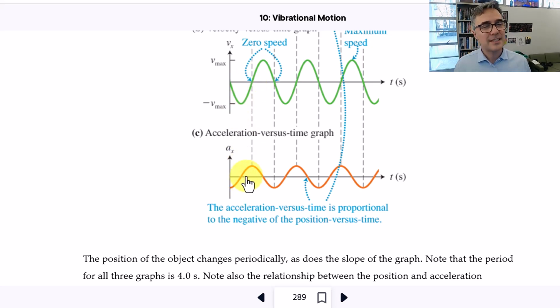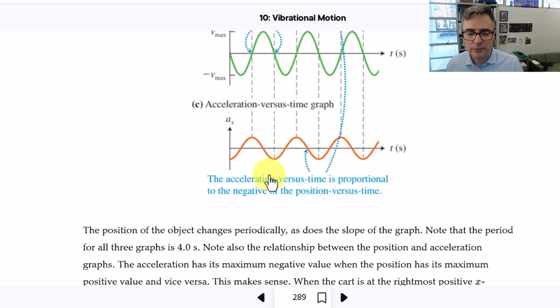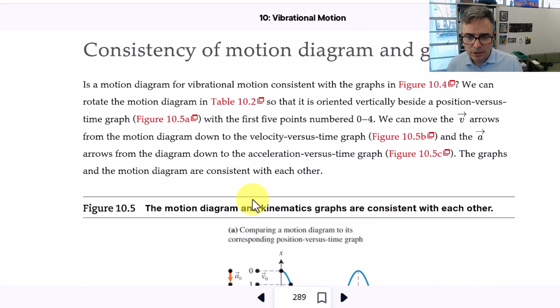So I think the acceleration is best thought of as the force coming from the spring. So when the spring is maximally stretched or compressed is when you'll have your maximum acceleration. And when it passes through equilibrium, that's when the spring is neither pushing nor pulling, and so that's when you get your zero acceleration. So that's pretty much it for that.